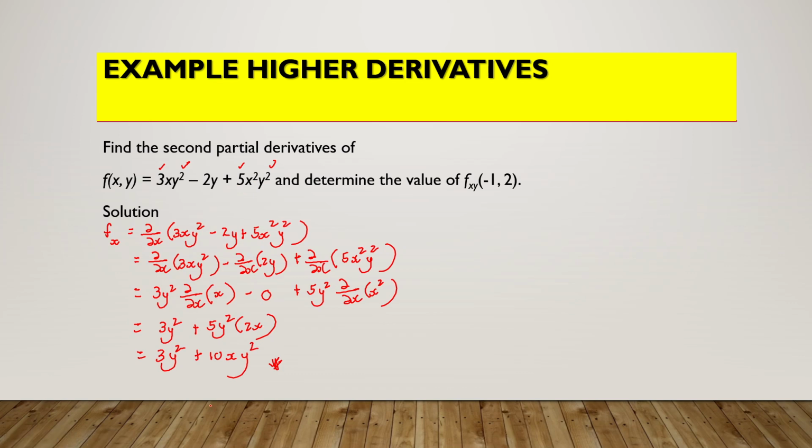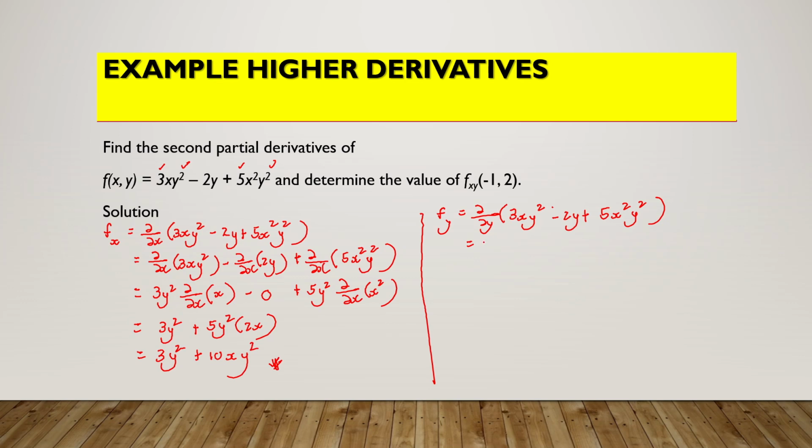Then for fy, I erase it. For fy, similarly, fy is actually del del y of 3xy squared minus 2y plus 5x squared y squared.